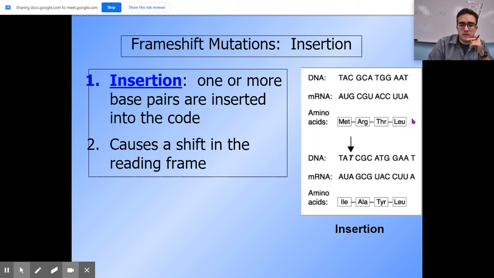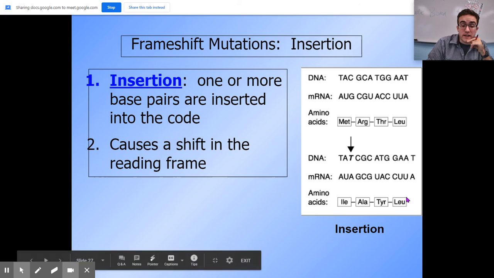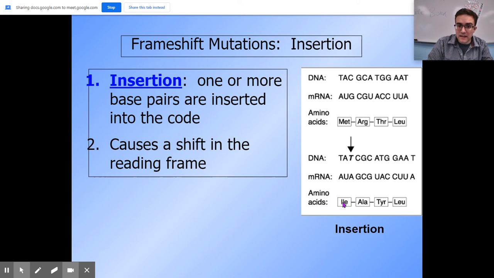So instead of this being our wonderful amino acid sequence, we then get this, which in all reality probably wouldn't even get made now because we don't have methionine, we don't have that start codon. So frame shift mutations still result in proteins, amino acids being made, but we change the reading frame. We change the sequence of groups of three that gets made.